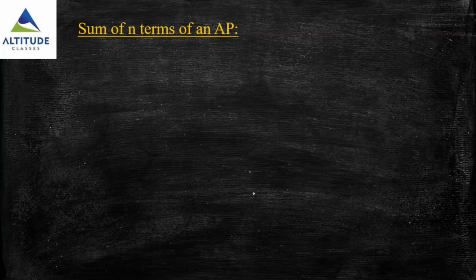Okay. So we'll solve problems after completing the sum of n terms. Let's try to understand how to calculate the sum of n terms of AP. So we know the AP terms are a, a plus d, a plus 2d, a plus 3d, and so on.